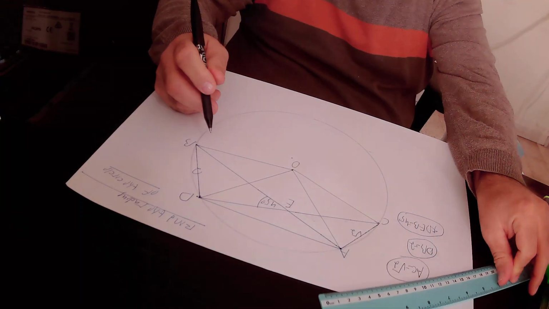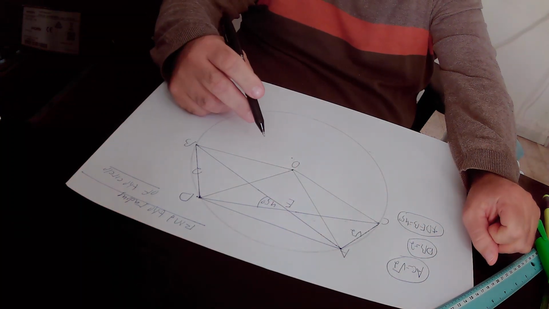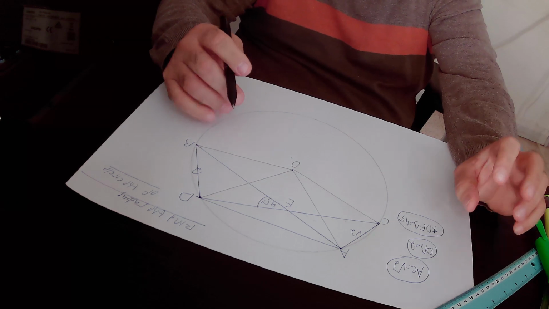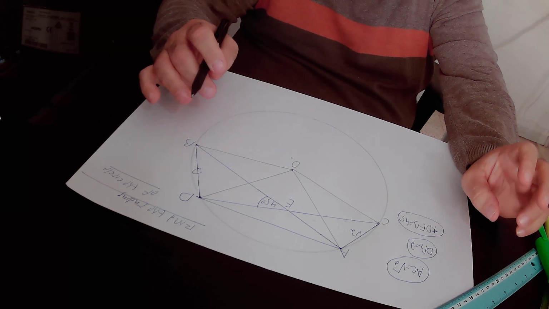So all those 4 line segments, OB, OD, OA, and OC, they are all the radii of this circle.